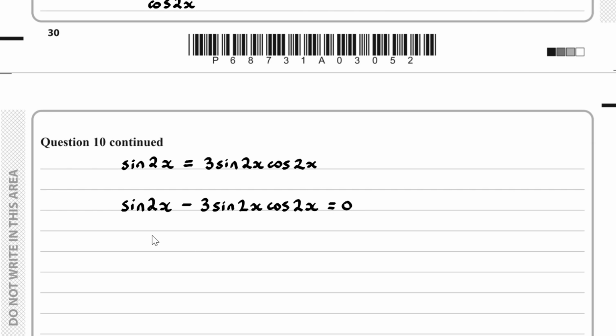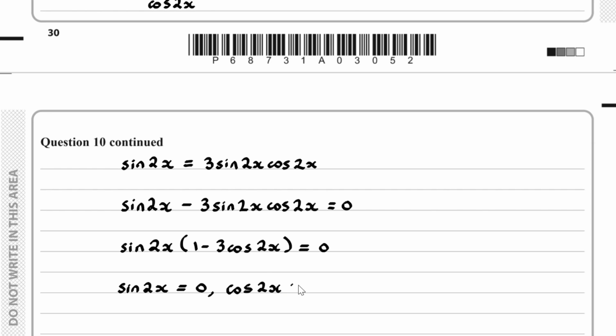And if I factorize out a sine 2x, sine 2x lots of 1 minus 3 cos 2x equals 0. So either sine 2x equals 0, or we've got cos 2x, which is equal to 1/3.